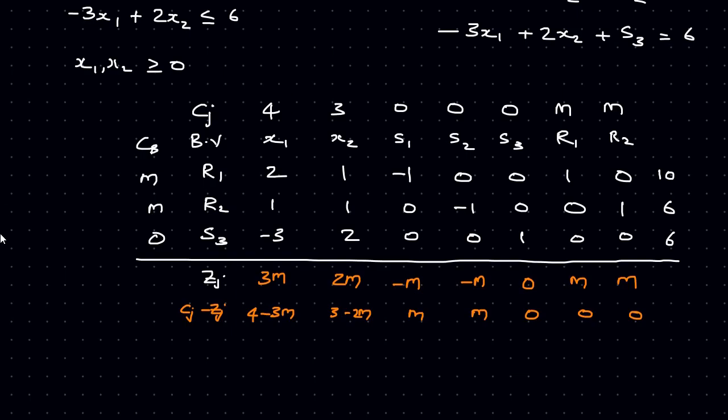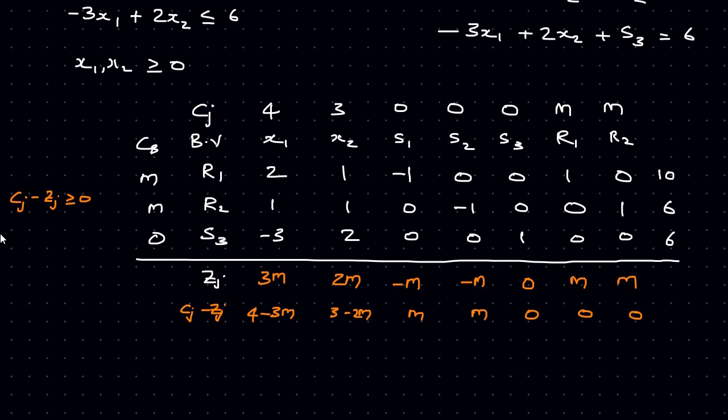So for minimization the optimality condition is cj minus zj all should be greater than or equal to 0. So unless we reach this condition we have to iterate. So here we select the maximum negative one, and since m is a large number, minus 3m will be a large negative number.